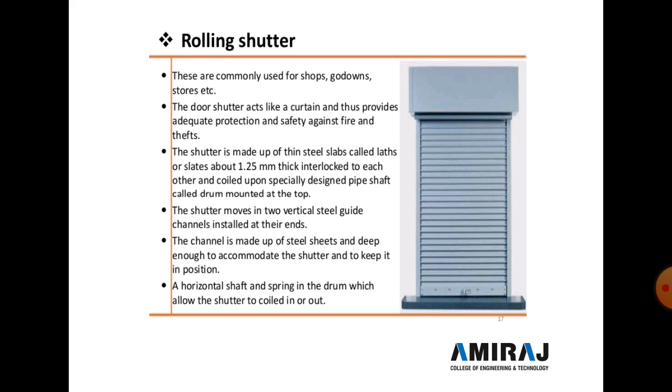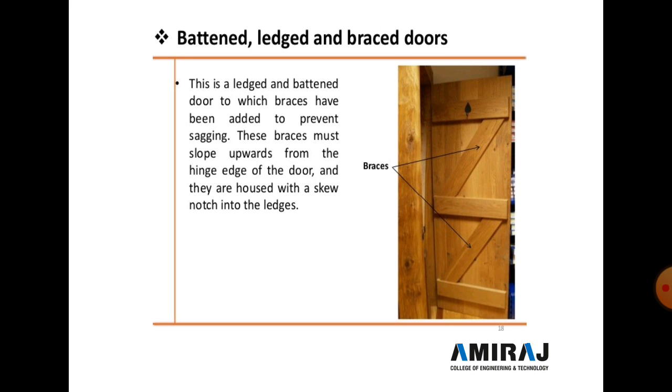For opening the shutter, two steel guide channels are installed at the two ends, and a horizontal shaft and a spring are in the drum, which allow the shutter to coil in or out. This type of shutter is strong compared to other shutters. Then after that, batten, ledge and brace door.